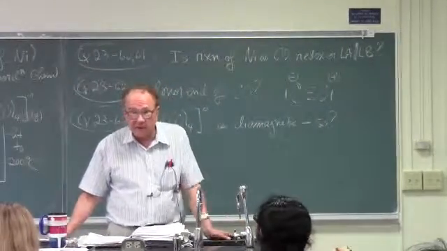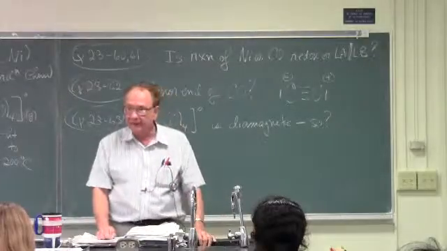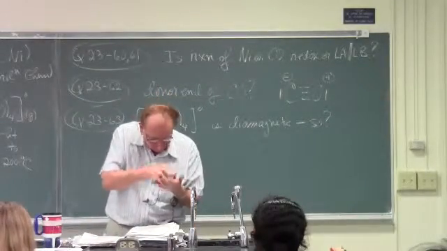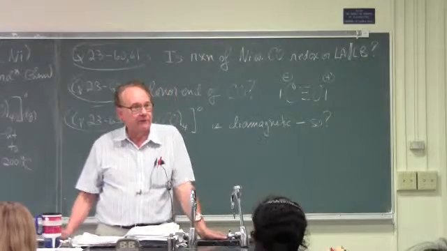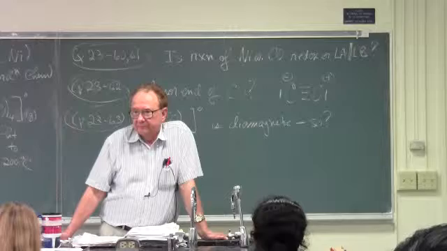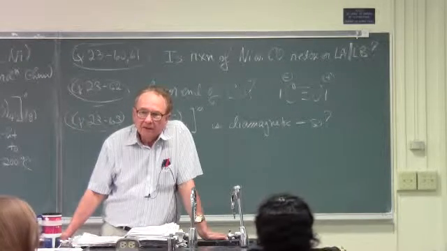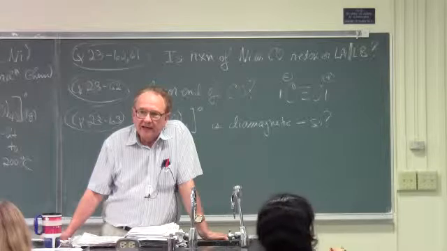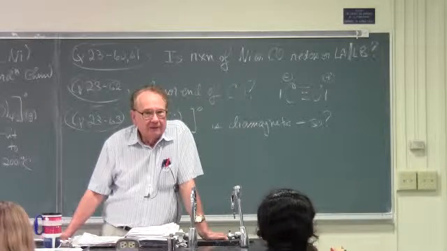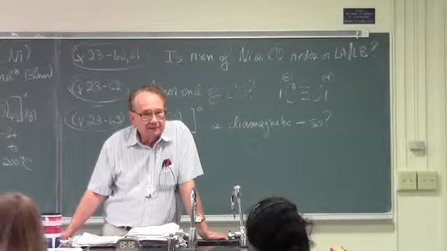Well, here comes the hard part. 4 times 4, 16, times 2, 32. So how many orbitals in energy level number 4? Because in any orbital, we can put how many electrons? 2. So 32 divided by 2 gives us 16 orbitals.